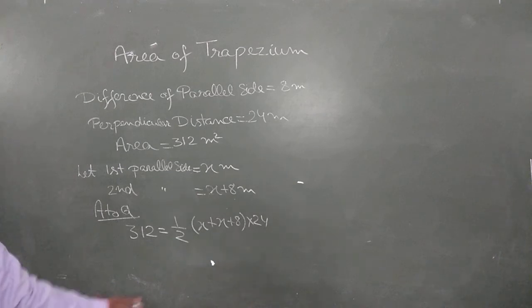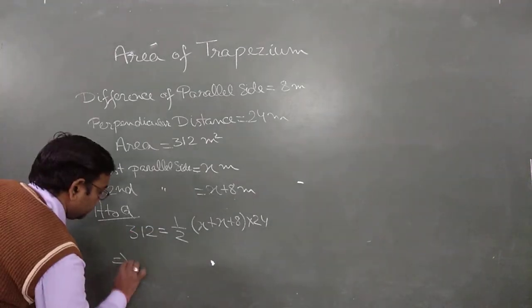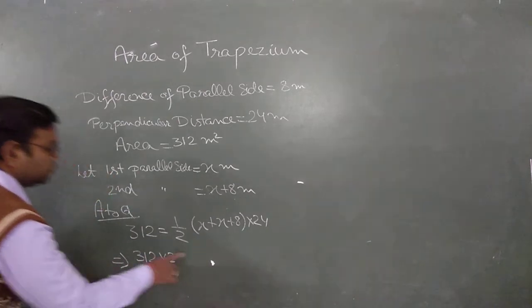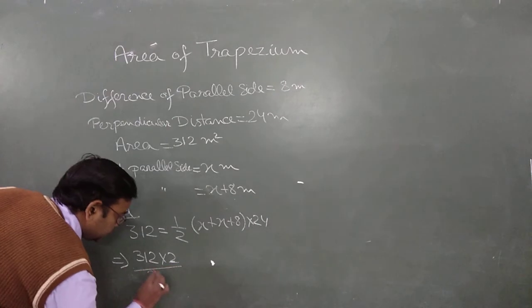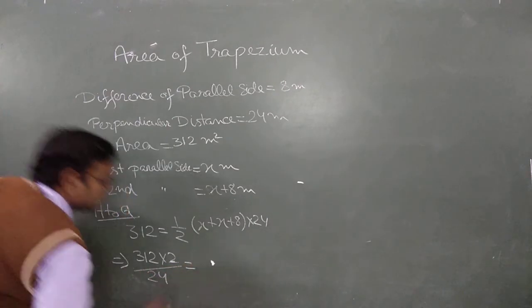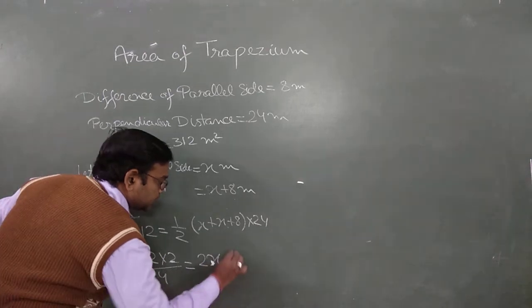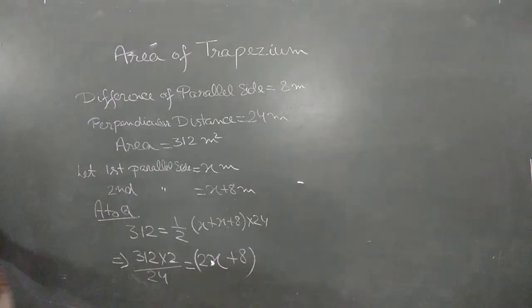Now from this we can easily find the value of x. Let's start: 312 into 2, this 2 comes to this side, divided by 24, equals x plus x, 2x plus 8. Keep it in a bracket.